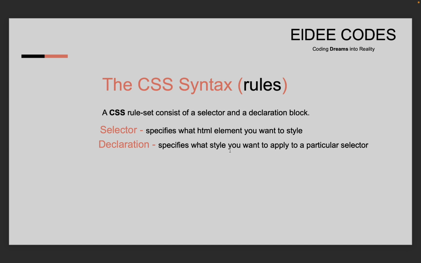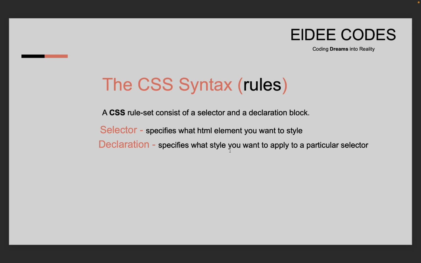Let me use an example. You have a div you want to style, you have a p tag you want to style, an a tag, a section, mention it, like a particular place you want to style. That's what a selector is. Then the declaration simply specifies what style you want to apply to a particular selector.